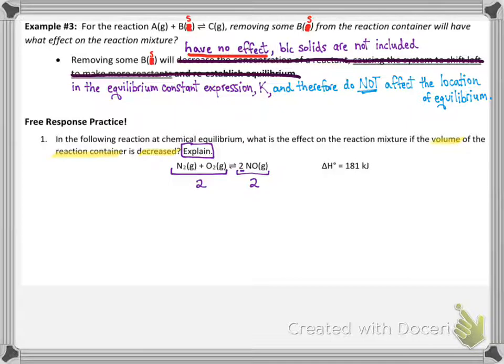Well, you know what's interesting about this? That means decreasing the volume of the container has no effect because the reaction has an equal number of gaseous reactants and gaseous products. If you decrease the volume, you have less space, so you would shift towards fewer gas particles, but it's the same on both sides.